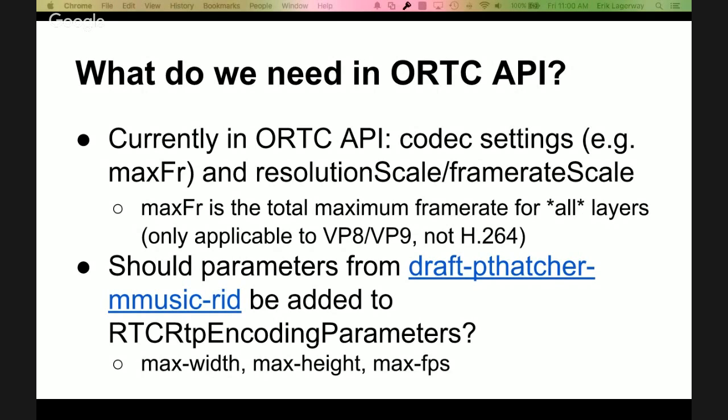And given that we agree that if you express one in terms of the other, resolution scale is probably sufficient. So max FPS might replace frame rate scale. That might be where we actually end up. But I don't think we should add additional things unless we have a very clear use case and can say that's definitely not satisfied by the APIs we currently have.